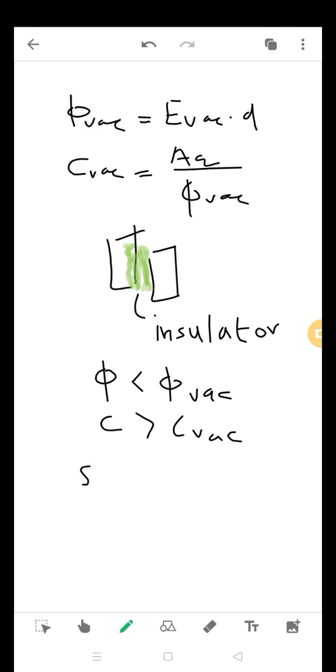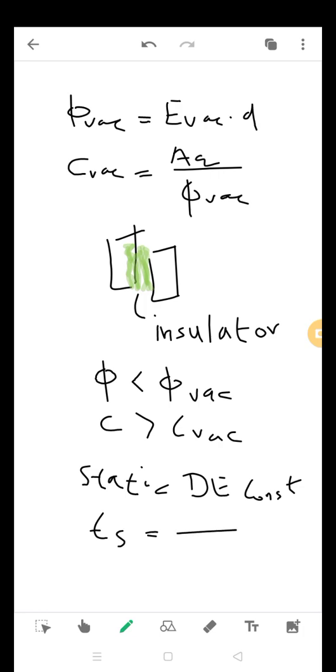So the static dielectric constant epsilon s is the ratio between phi vac and phi, or it can also be the ratio between C and C vac.